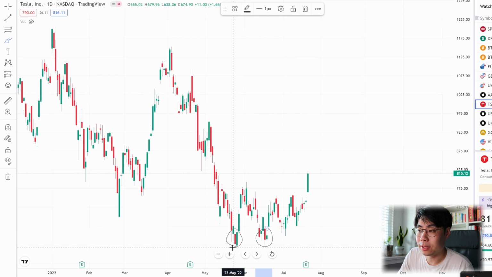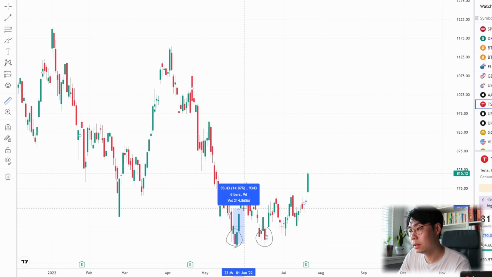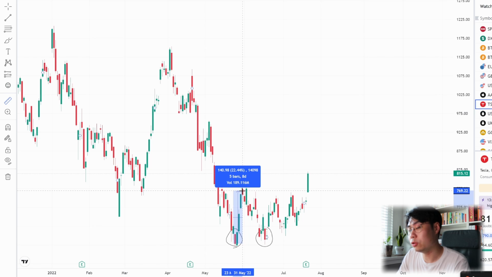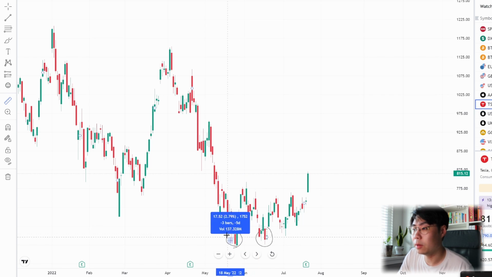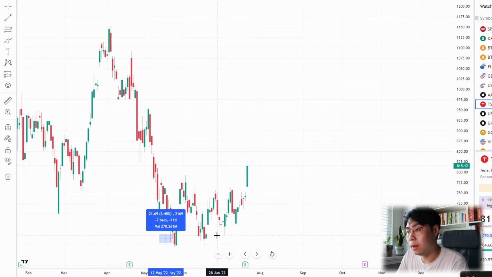So it is engulfing it. And what do you know? From here onwards, we can see a pretty decent increase in the price. The price jumped up about 22% or more from the lows, which is great.